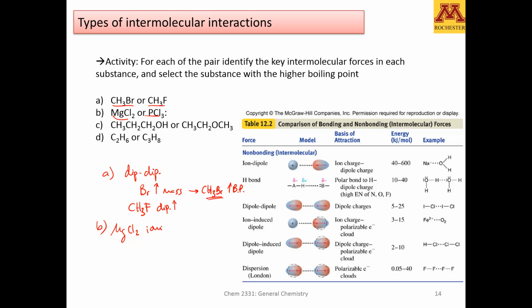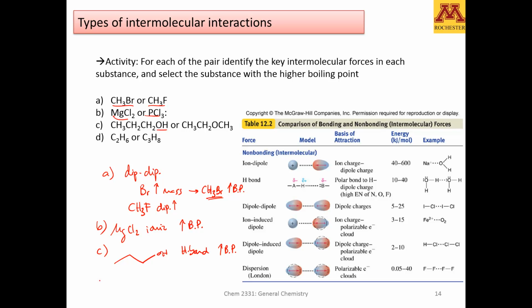So because this one is ionic, it will always have a larger boiling point than the molecular one. Finally, for C, you have propanol and methyl ethyl ether. For propanol, you have hydrogen bonds, while for the ether you only have a dipole-dipole interaction. The one with hydrogen bonds, because it has stronger molecular interactions, will have a higher boiling point.